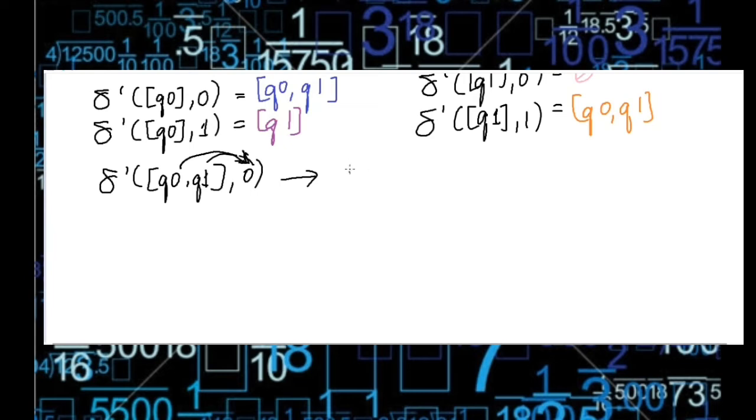So, what will gonna happen? Transition function prime Q0, mag-i-input ka ng 0, where you will go. Union, yun namang Q1. Q1, mag-i-input ka ng 0, where you will go.